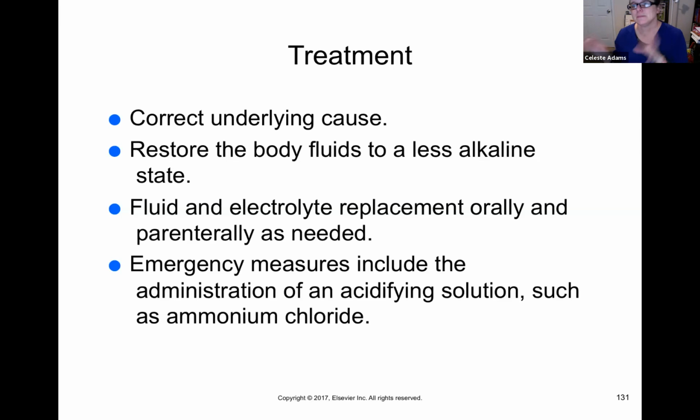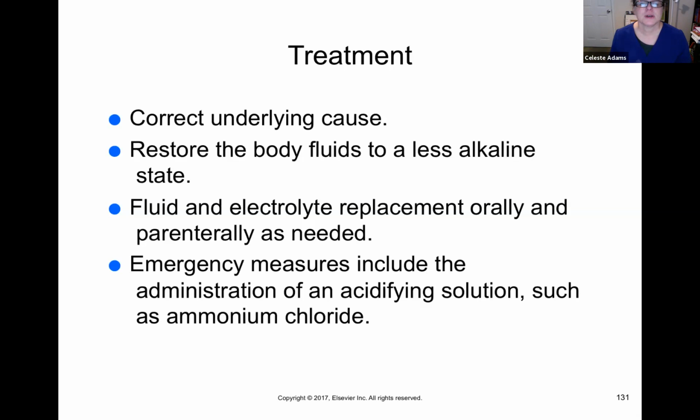If you add a little bit more to your IV fluids, you're going to add a little bit more of an acidic factor to your IV fluids and your body fluids, which is going to make the blood less alkaline, less basic. So you may need to add a little more to your IV fluids to make them more acidic.